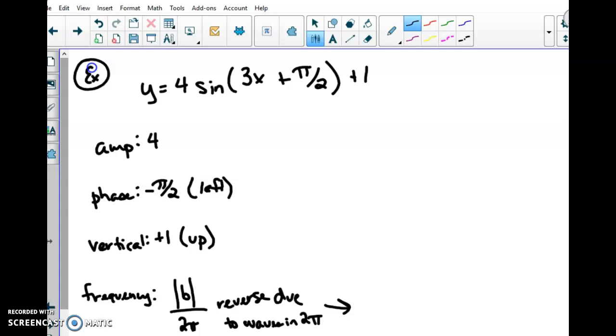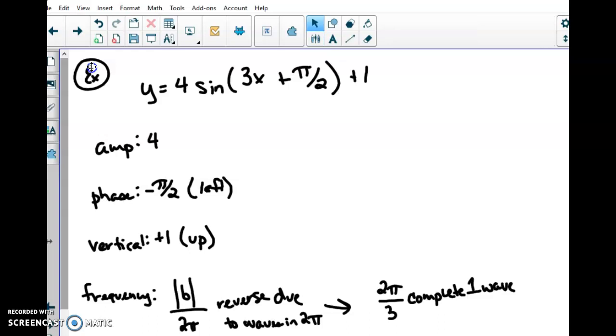Okay, so this is actually going to be 2 pi over 3 is where this is going to complete one wave. Okay, so it's kind of tricky to think of it that way. But again, it's because the frequency, if you have it as this absolute value of b over 2 pi, that's going to represent the number of waves in 2 pi. But if we're looking for one complete wave, then you just reverse it and do the reciprocal, which is going to give you 2 pi over 3.